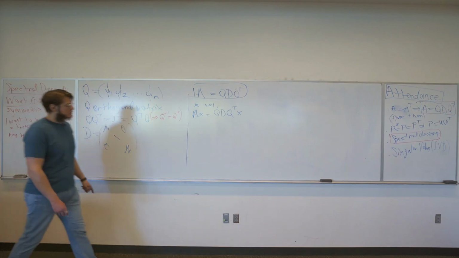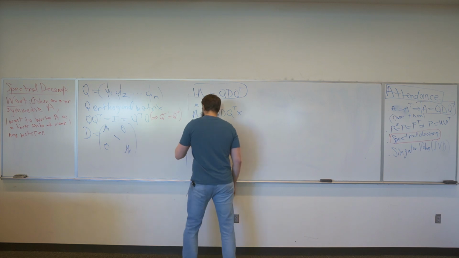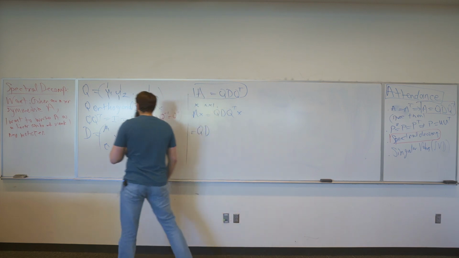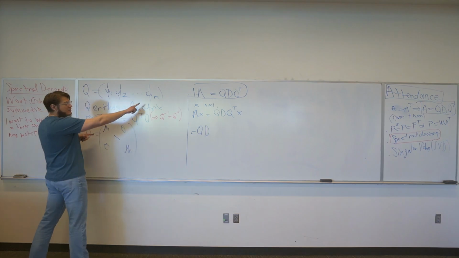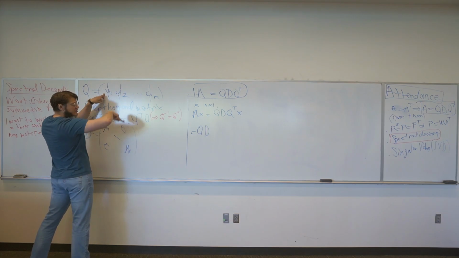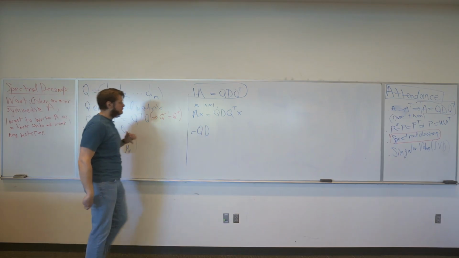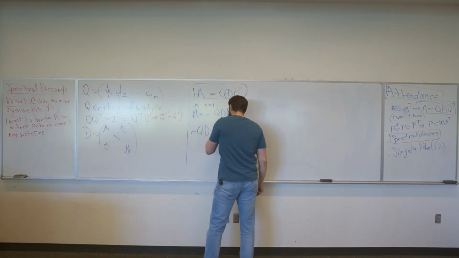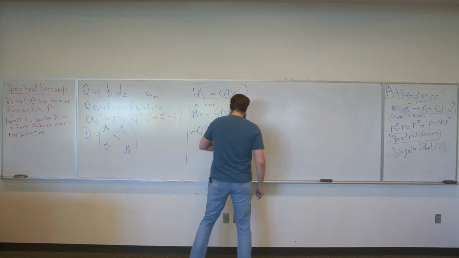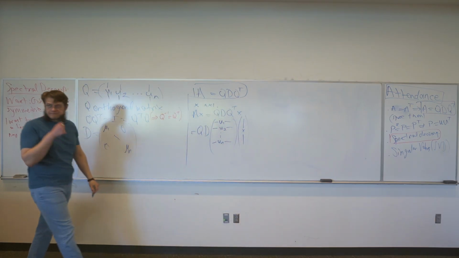Let me expand this part. Now, instead of writing the transpose of this, I'm going to write u1, u2, and so on as rows.